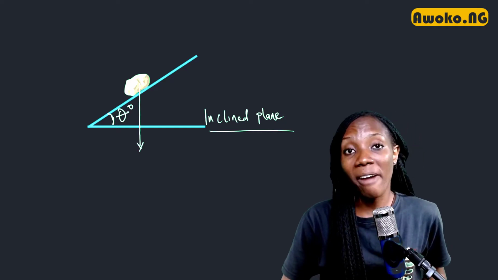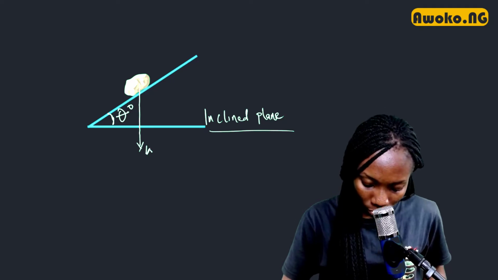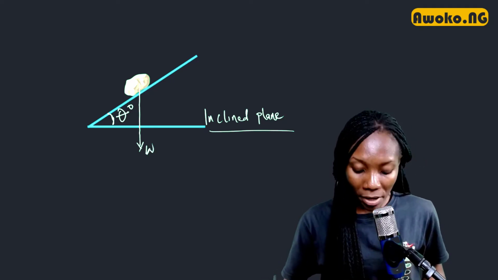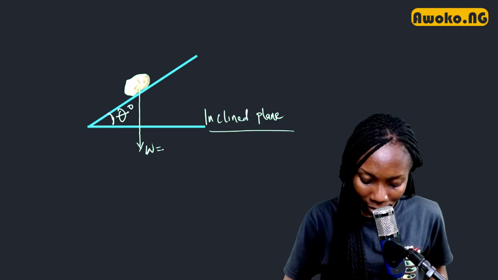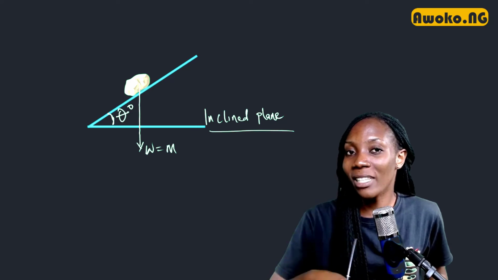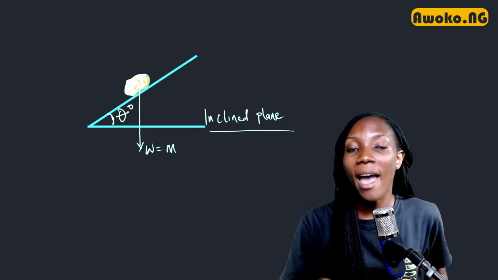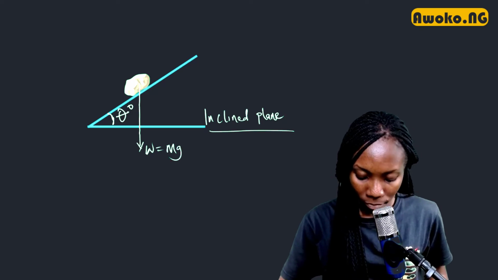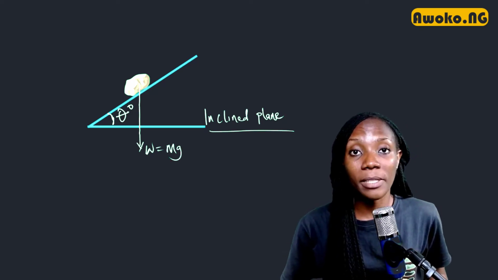The force of gravity is seen as the weight W. Now, from our previous lecture, we found that weight is equal to the mass of the body times the acceleration due to gravity g acting on that body, which is mass times g. And so this is our weight.